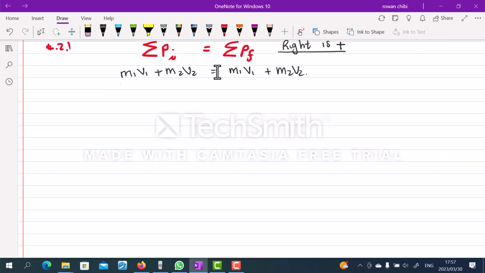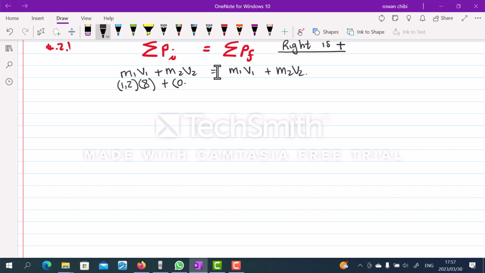The mass of trolley X is 1.2 and the velocity is 8. Because it's going to the right, we took right as positive, so the 8 is positive.